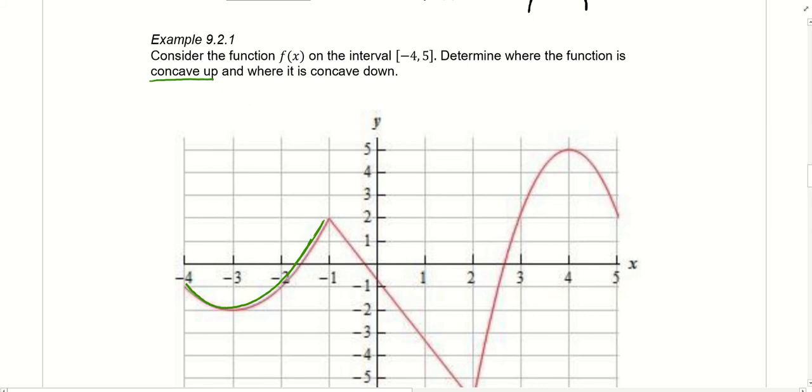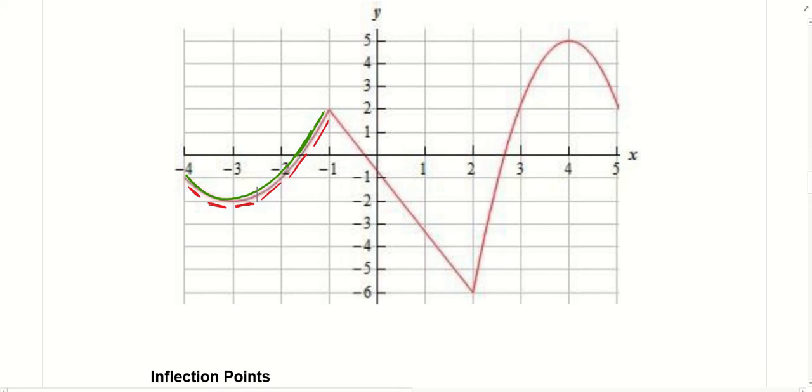Of course, the tangent lines do touch the function, but it looks like my tangent lines would cup or hold up this function. So they're sitting below the function, which indicates that on this interval, the function is concave up. So concave up on the interval from -4 to -1, it looks like.